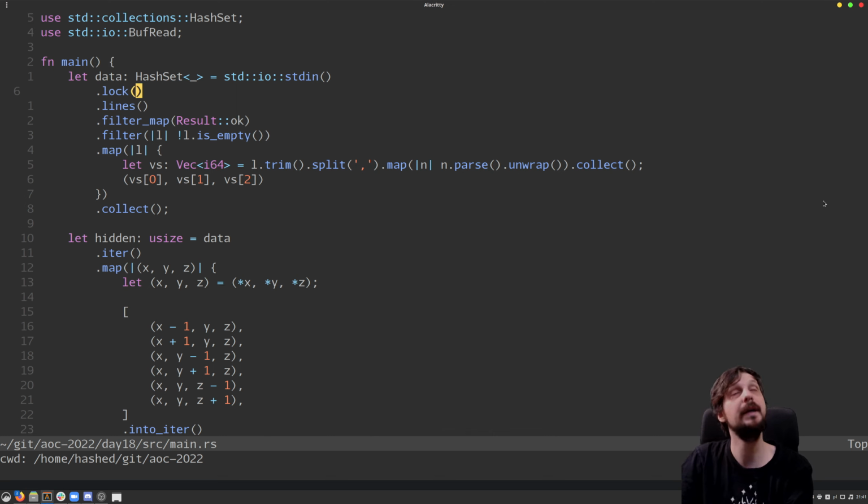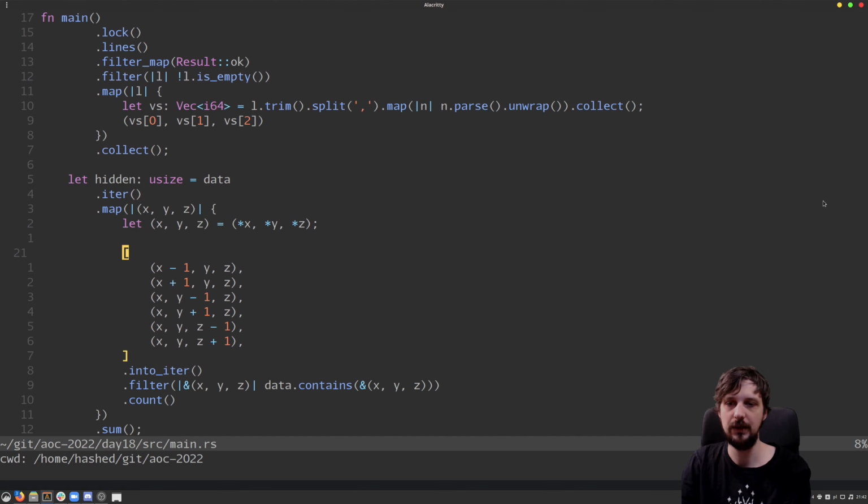That's the only problem. Because the only thing I need is a very quick check if there is a particular voxel there. If I would collect them in a vector, then I would need to scan the vector. Now I don't need to do that. I can just ask the hash set, is there such a point?